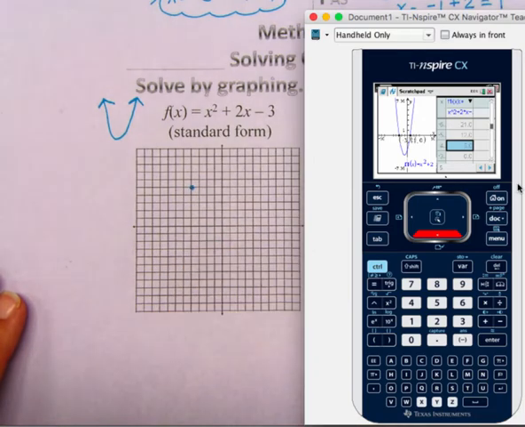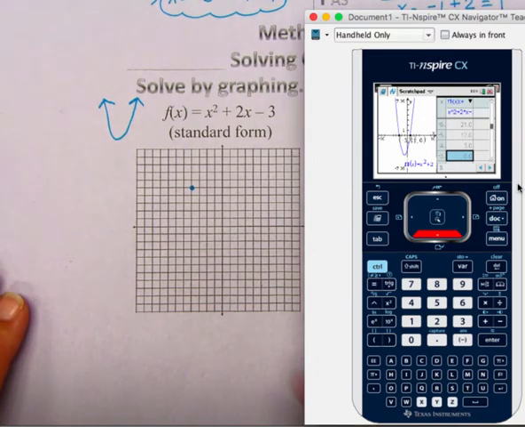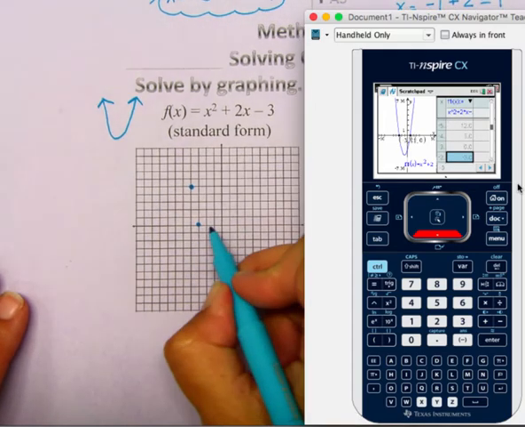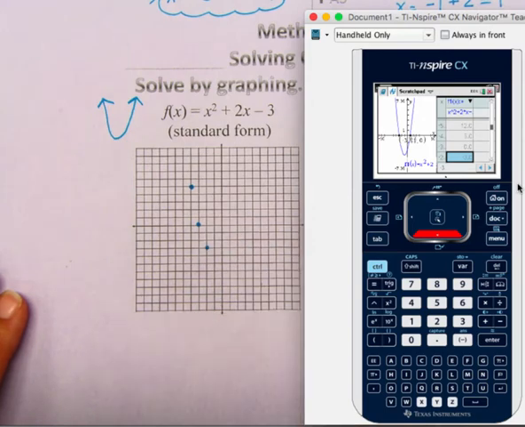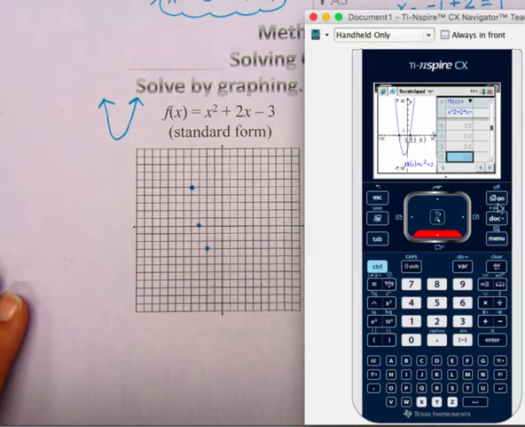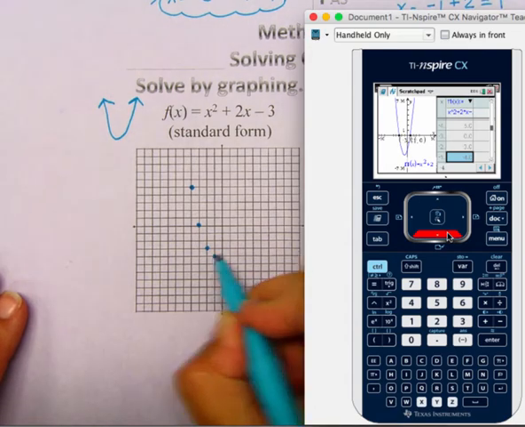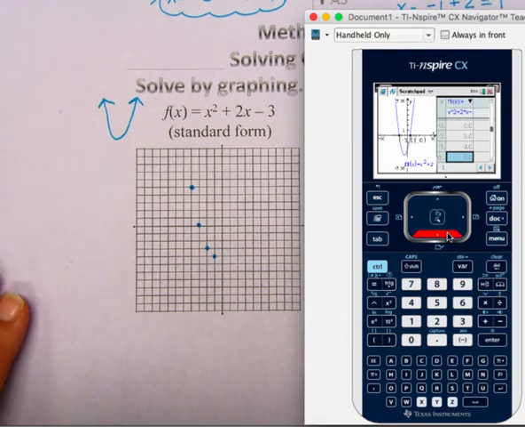That point I can plot. The next one down is negative 3, 0. And if I keep going, I have negative 2, negative 3. And then I have negative 1, negative 4. And then 0, negative 3.